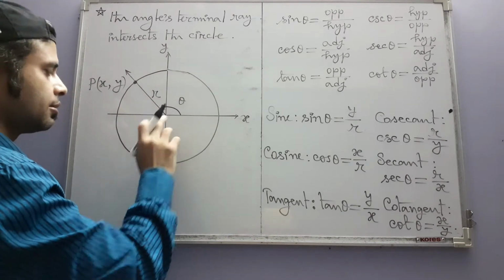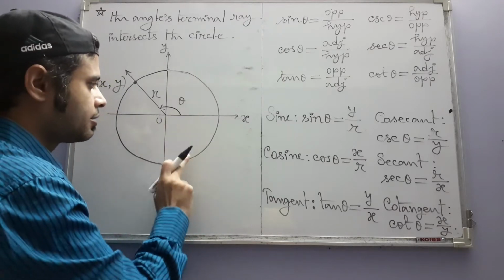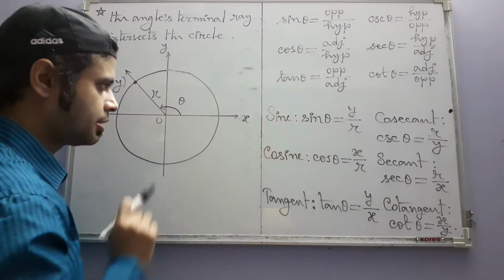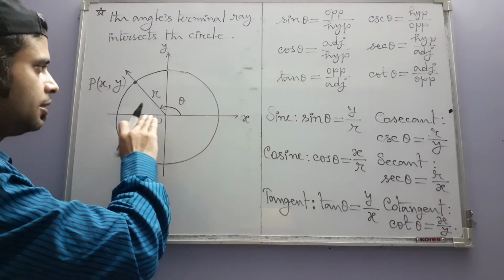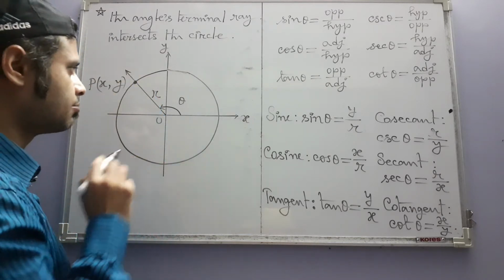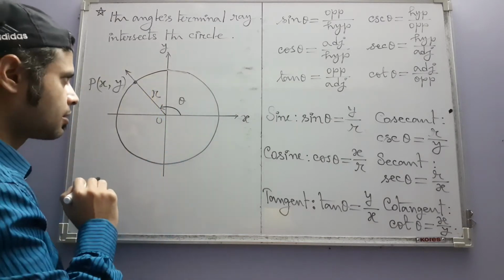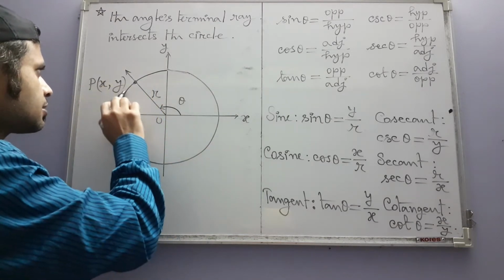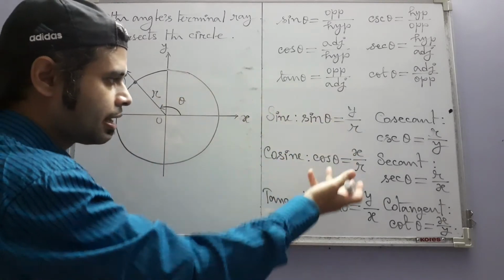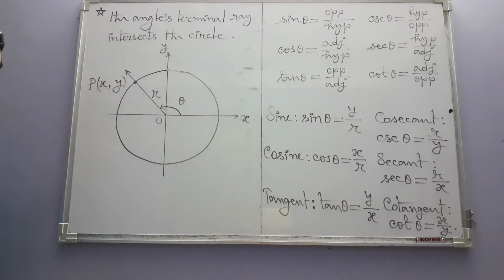The vertex of the angle should coincide with the origin, and the fixed ray or the initial ray of the angle should coincide with the positive x-axis. Then we will see where the terminal ray lies, and then once you decide where the terminal ray lies, you will then see where the terminal ray intersects this circle, and you will then get the x and y coordinates of that point of intersection, and you can calculate these function values. That's just it.